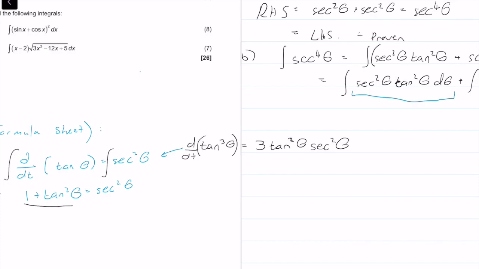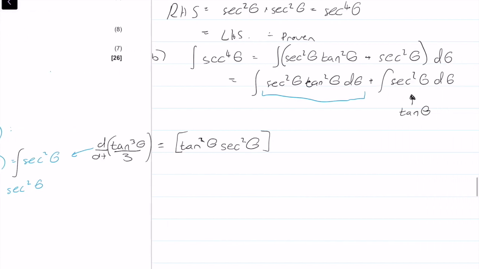So this is very similar to what we have. We have sec squared theta tan squared theta. So what we have to end up doing is divide tan cubed theta by 3, and that is therefore our integral.